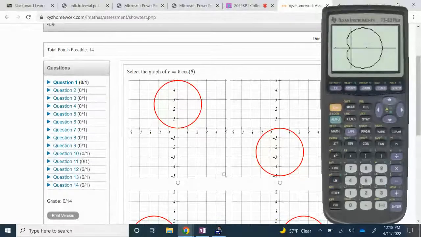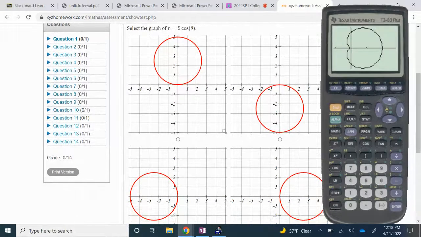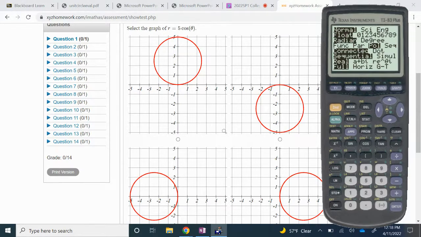We're given r equals 5 cosine theta, and we're given 4 graphs to choose from. I'm going to go to Y equals. Notice now in mode, we want to make sure we're in radian mode. We also want to make sure we're dealing with polar equations. I'm going to put in 5 cosine theta.